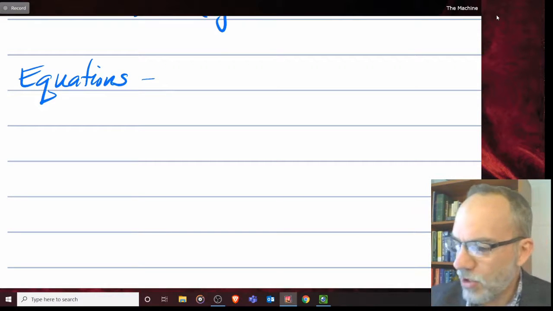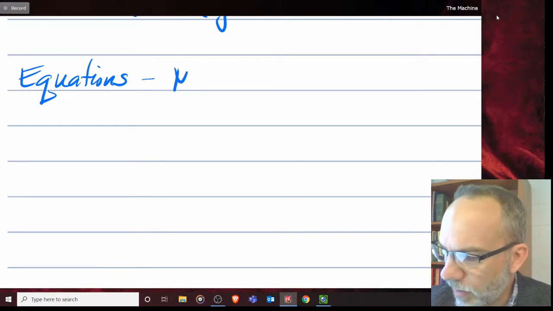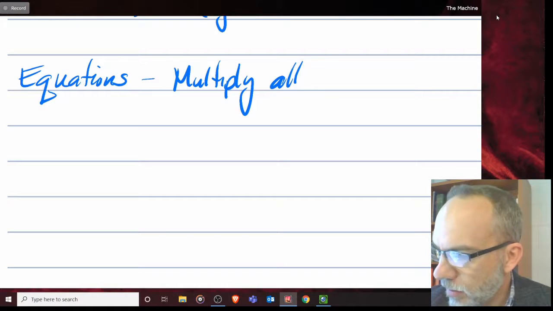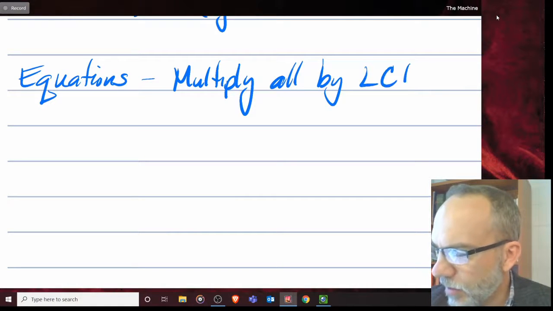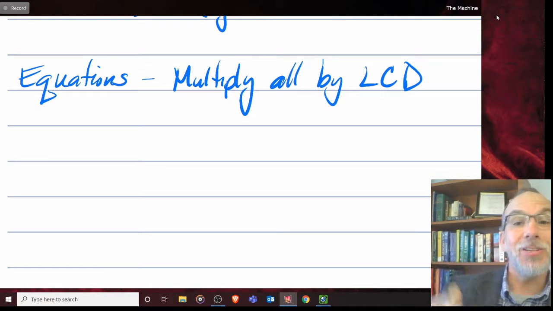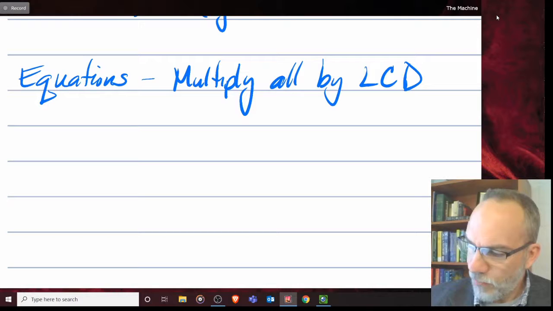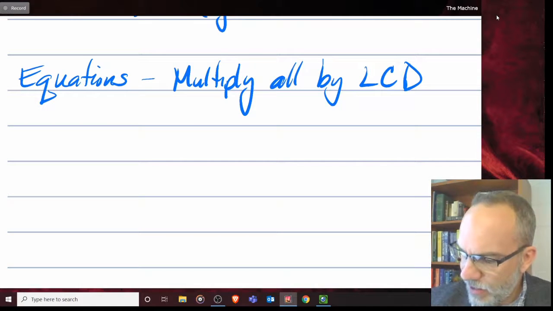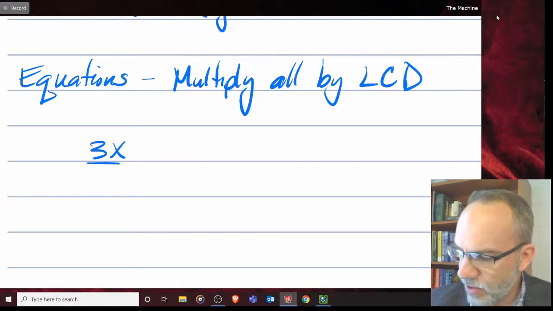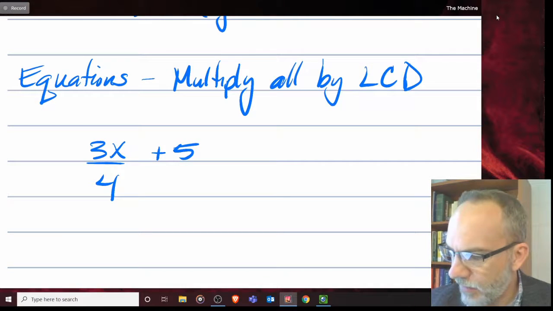So to solve equations, we're going to multiply everything by the least common denominator, and that will eliminate all of the denominators. So for example, if I had, let's say, 3x over 4, plus 5, is equal to, let's say, 1/2.